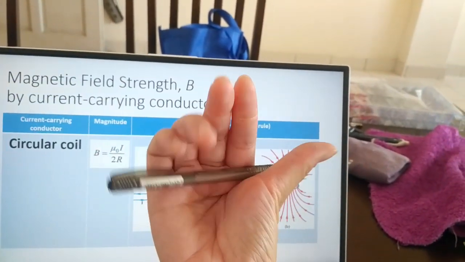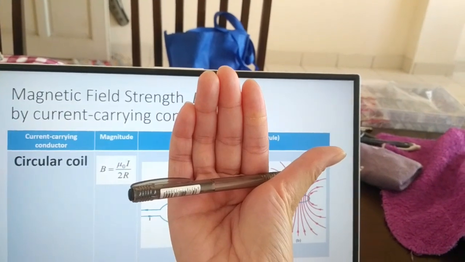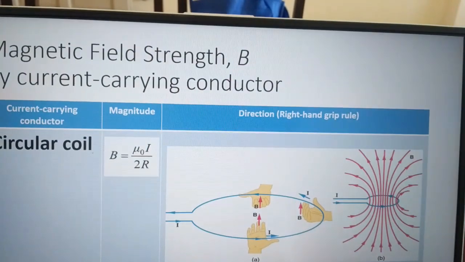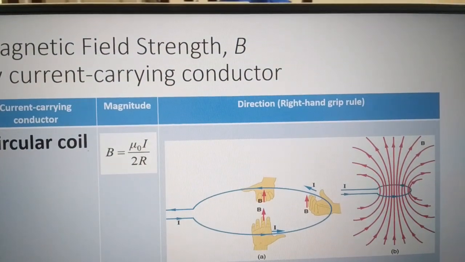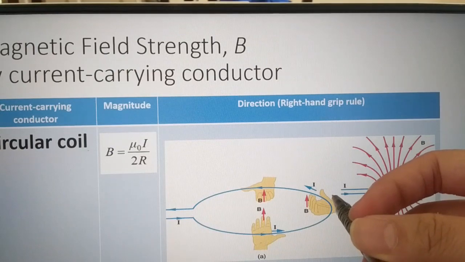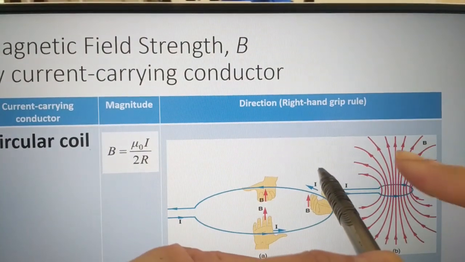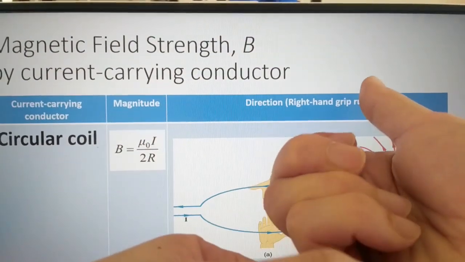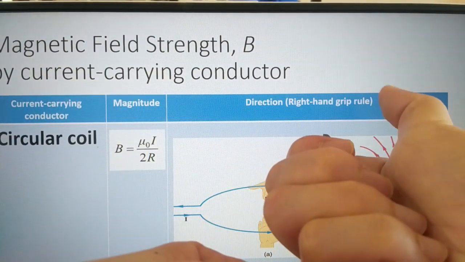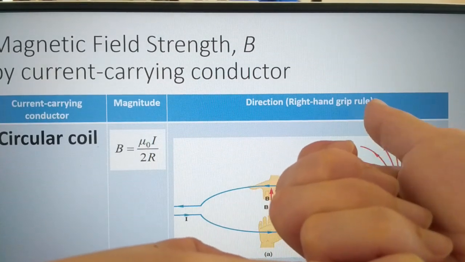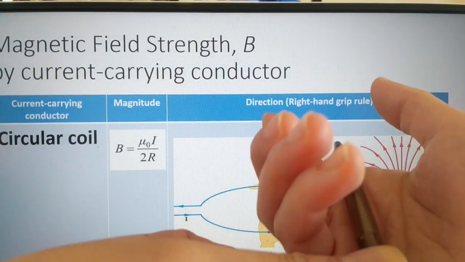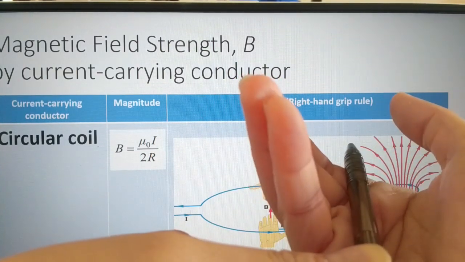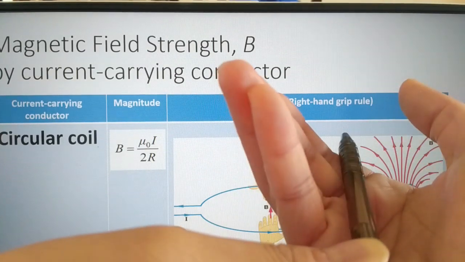And what about in this direction here? You can see that your current is flowing into the page. When you grip it using your right hand grip rule, your current flows into the page, and can you see that your forefingers are pointing up as well? So that's the direction of your magnetic field, pointing up.